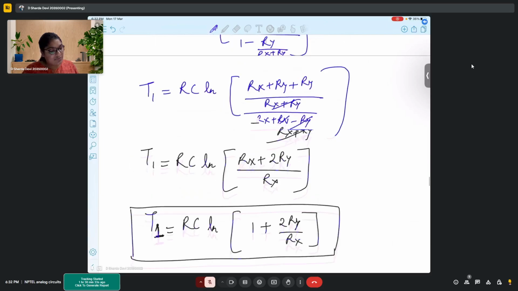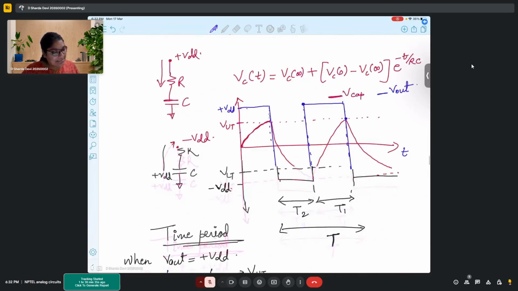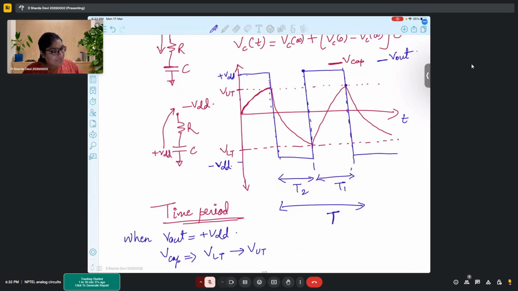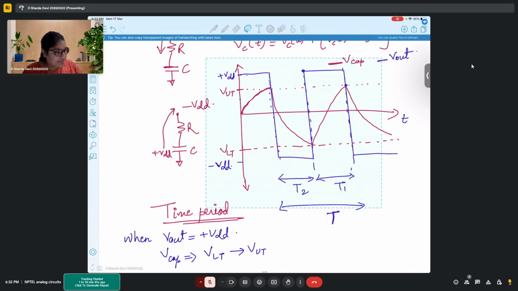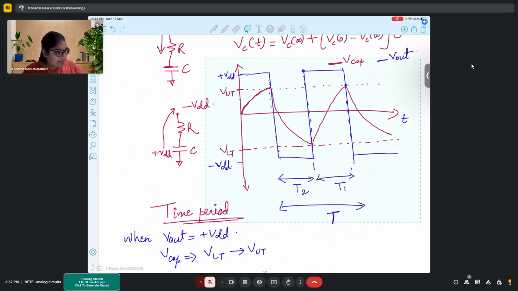Now similarly, what time period was this? So this was the time when your capacitor is charging from lower limit till that of higher limit. So that is the time period T1 that we just calculated, correct?